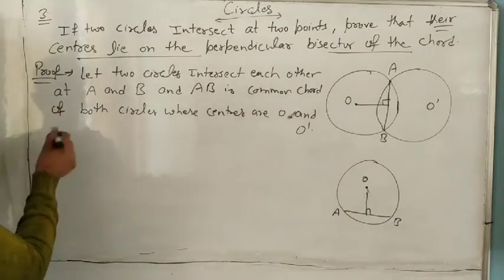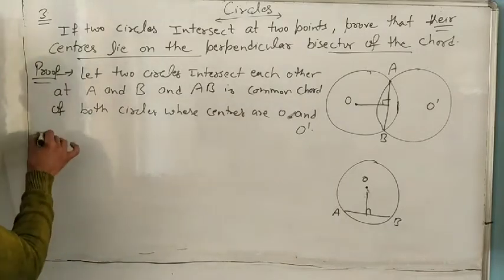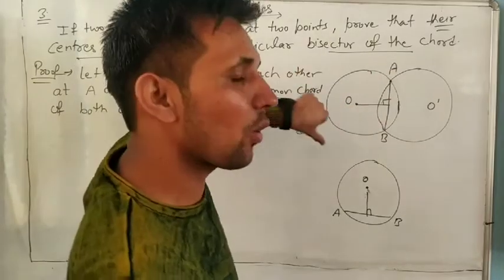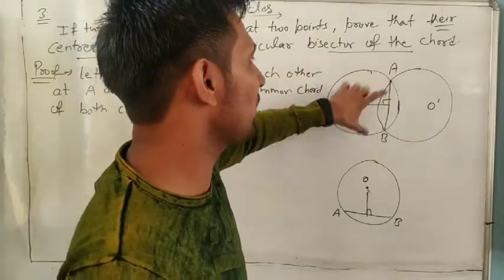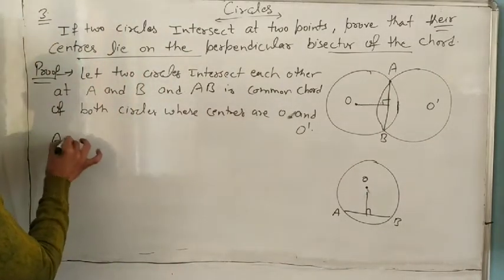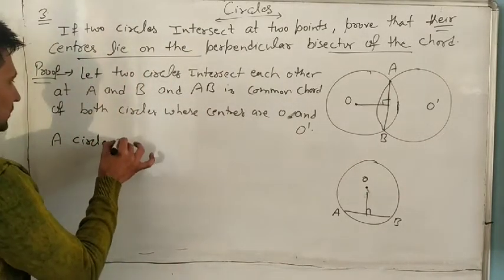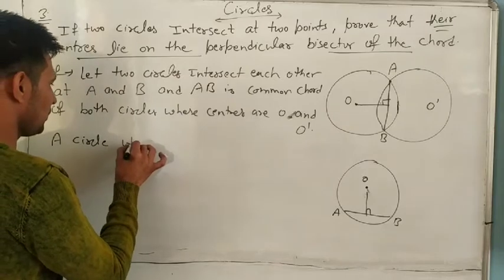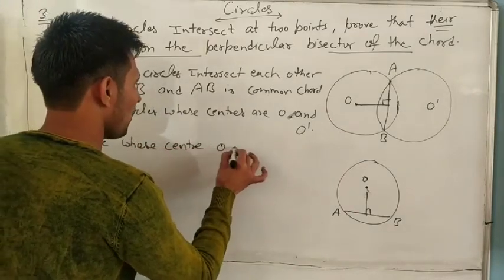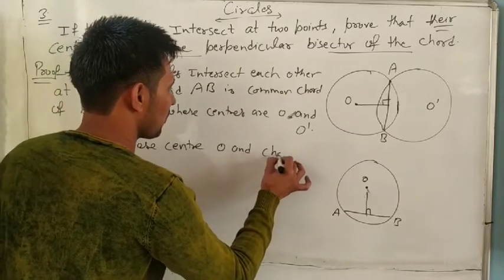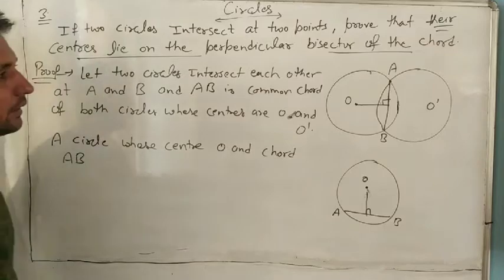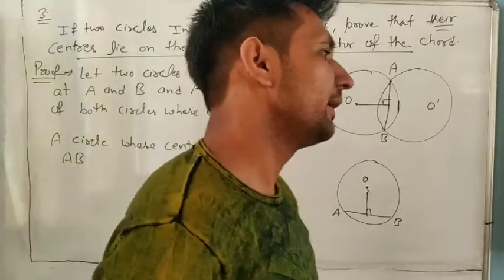You can write: first case. There will be two cases we discuss. First we take a circle whose center is O and chord AB.